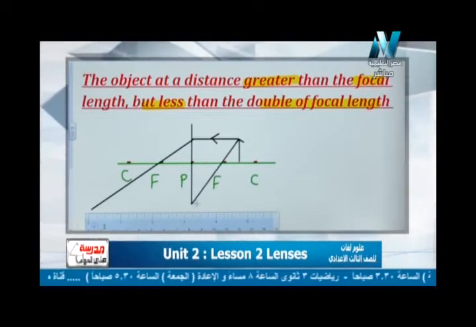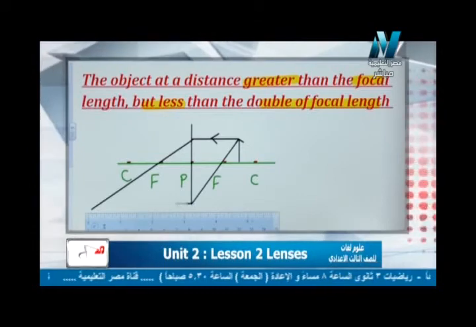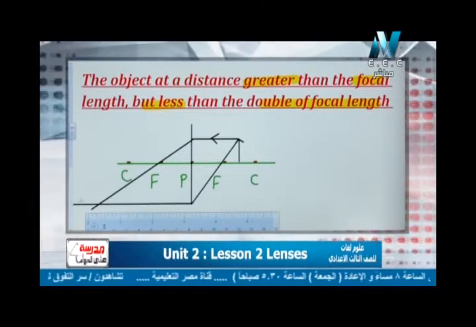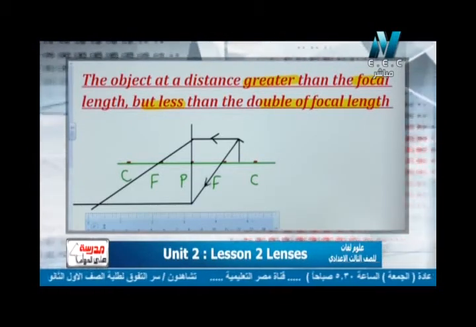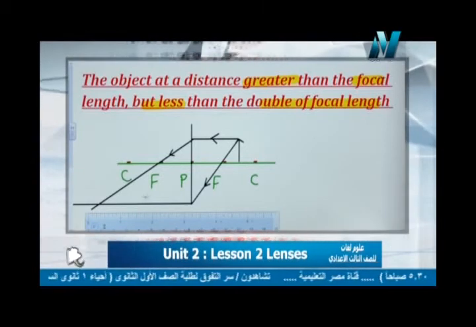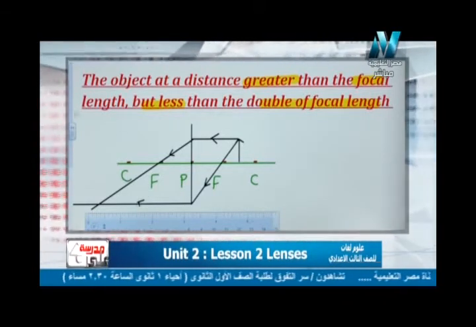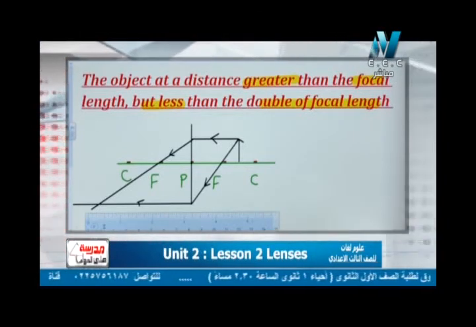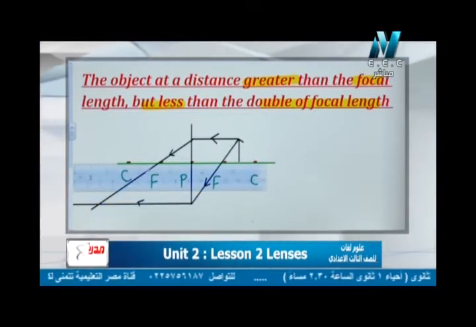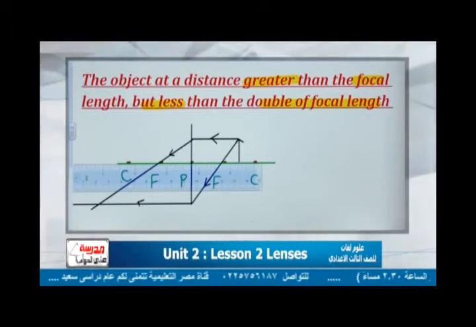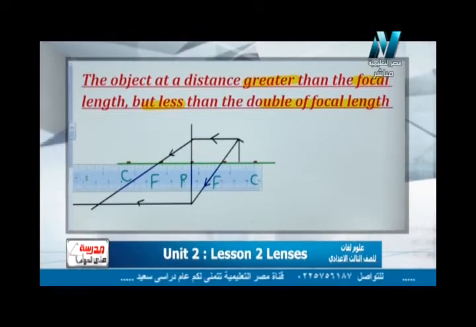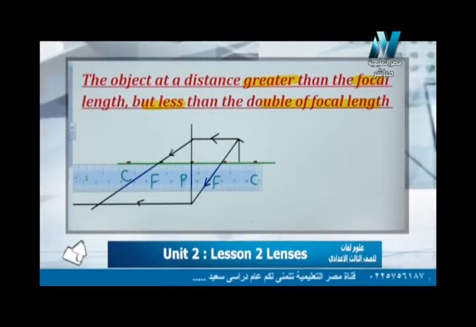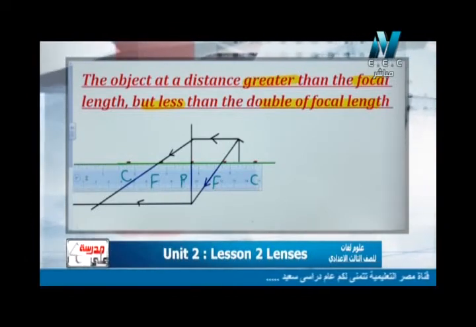In this case, the light will refract parallel to the principal axis as you see like that. At the point of intersection of the refracted light rays, we have to draw, by ruler, an extension to draw the principal axis like that.